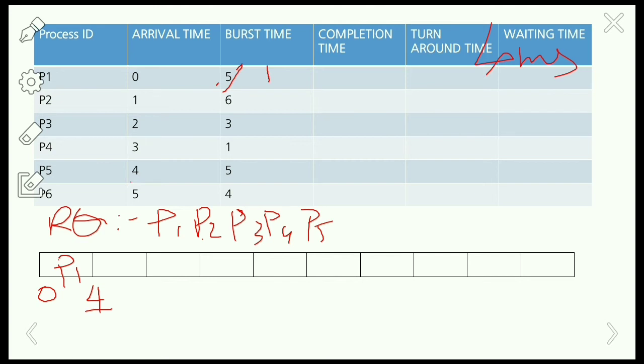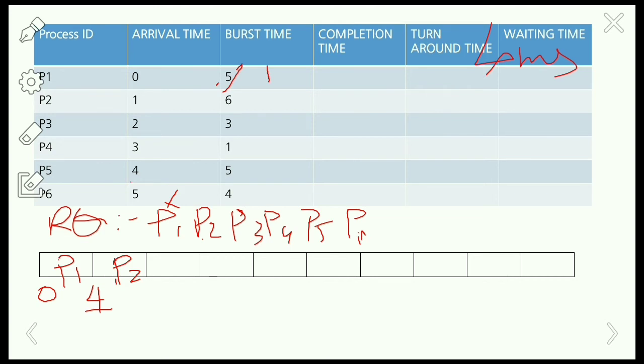P1 has not finished execution, so it will be placed at the tail of the ready queue. We know the ready queue is a circular queue, so when there is a context switch, P1 is placed at the tail of the ready queue, and P2 will execute next.